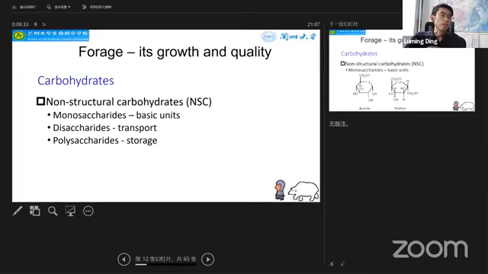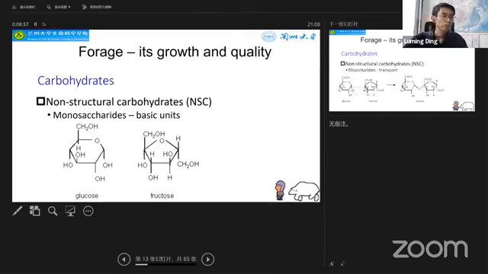There are 3 kinds of NSC: monosaccharides, disaccharides, polysaccharides. So they play different roles. The monosaccharides are the basic units of the carbohydrates. Disaccharides play a transporting function. Polysaccharides have a storage function.